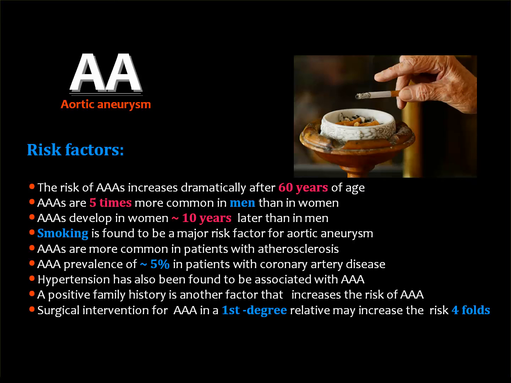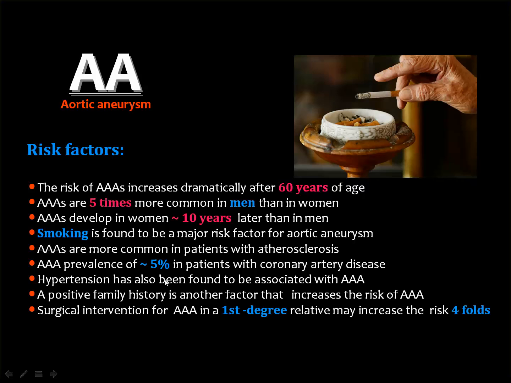Risk factors: this is one of the major risk factors for arterial diseases. Besides the age of the patient, aneurysms are much more common in old age and are 5 times more common in men than in women. And if the aneurysm is seen in women, it will be 10 years later than the usual age in men.